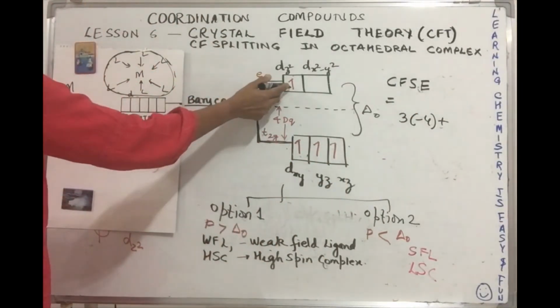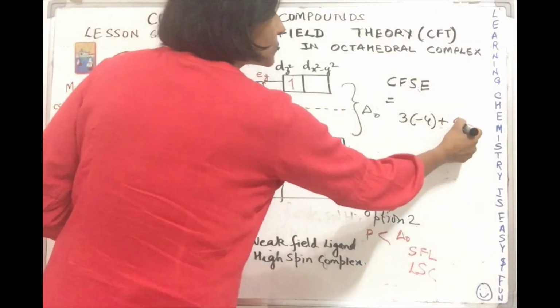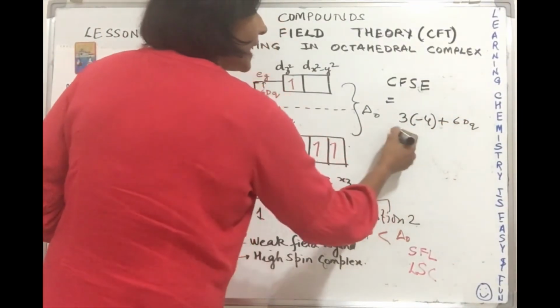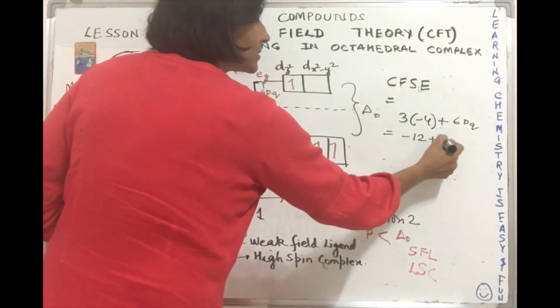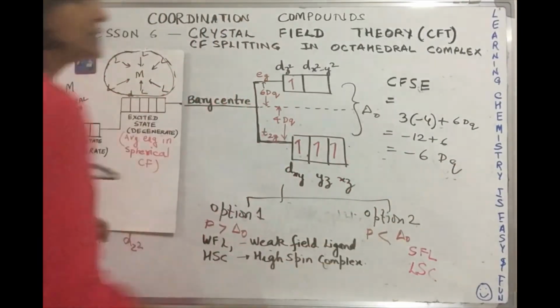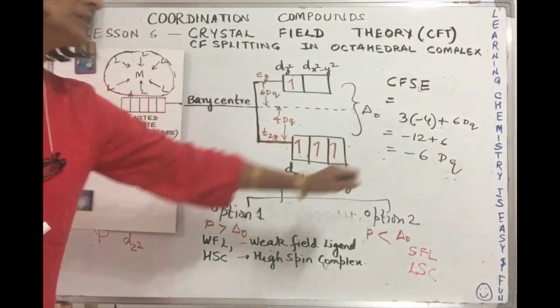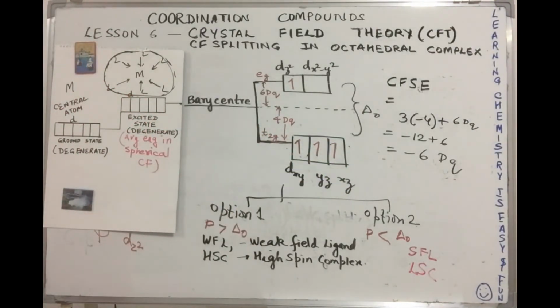And you have 1 electron contributing a positive energy of 6 dq. So 6 dq. And we are left with -12 plus 6, that is equals to -6 dq. Overall, a decrease in energy and denoted by -6 dq.